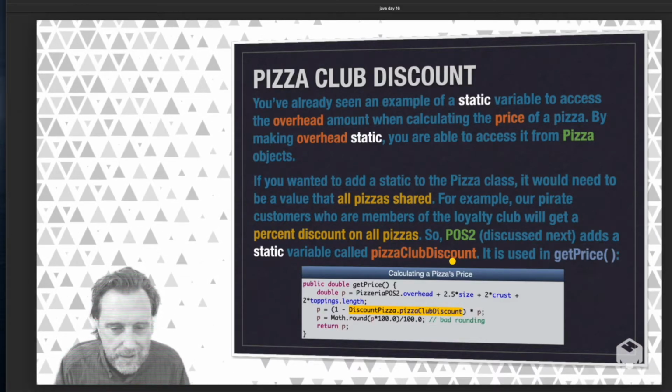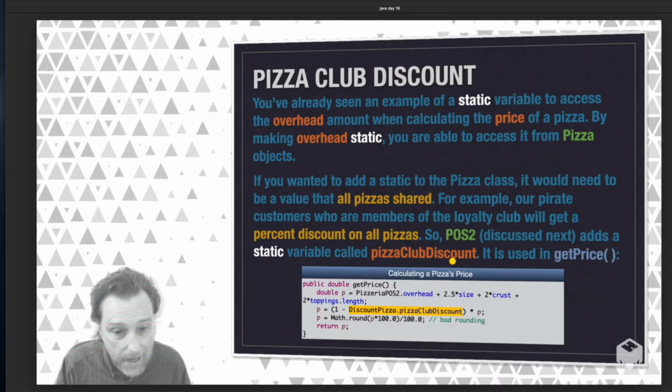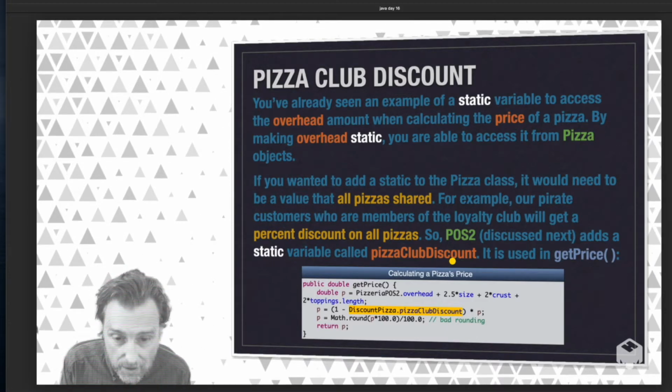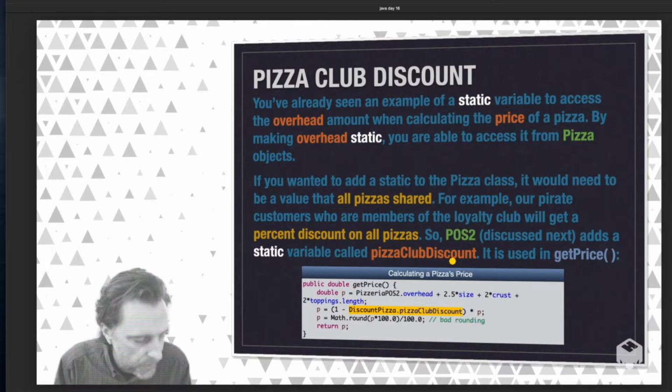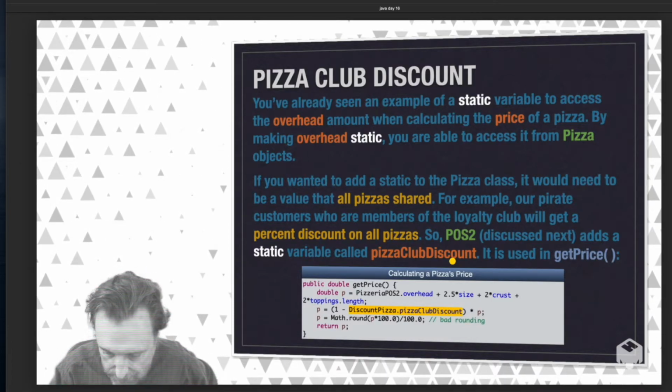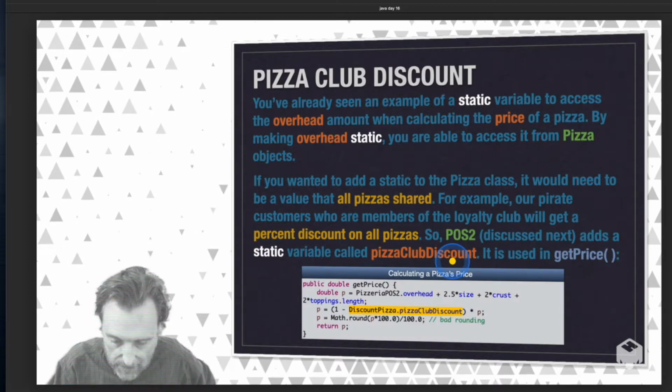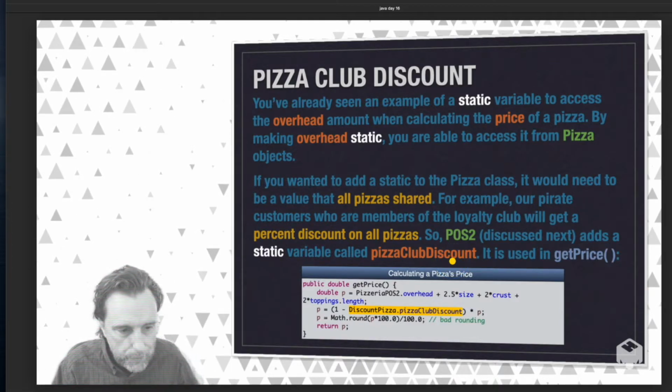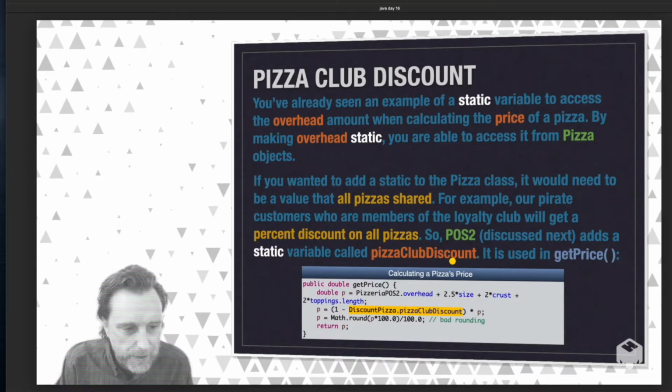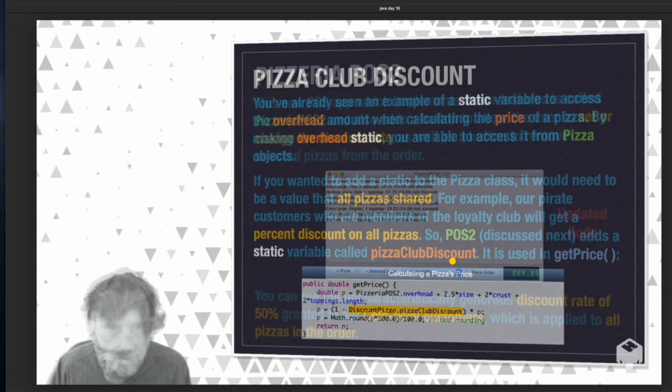And then I do some bad rounding and return it. I'm not formatting this as money here. I do that later, so all I'm doing is rounding it to 2 decimal places and returning it, and then I'll format and display it using number format to make it look like money when I get to that point in the point of sale.